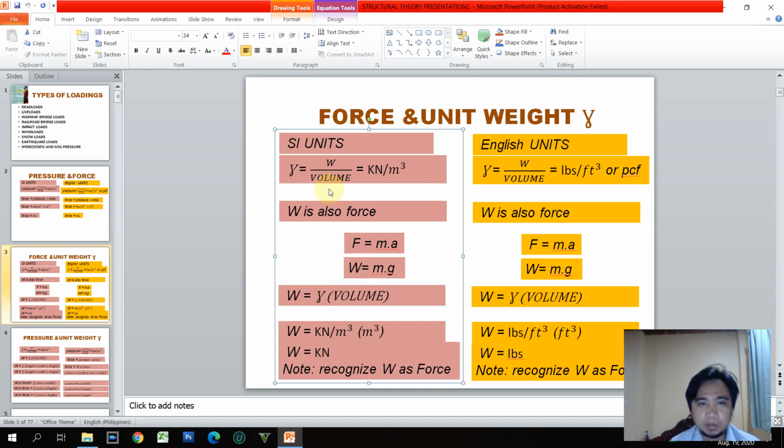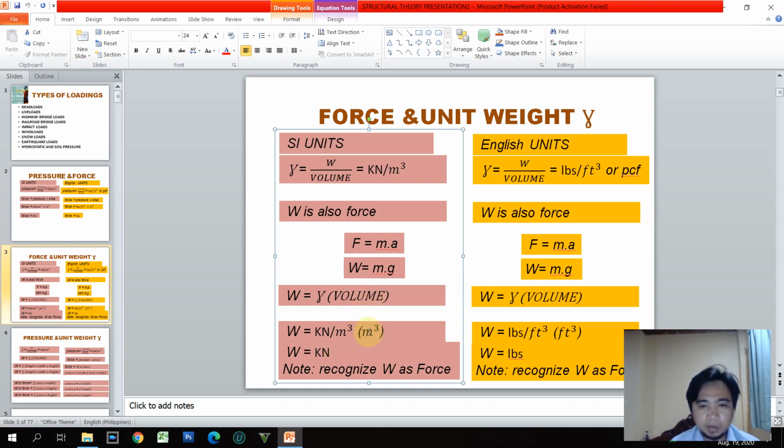Now if you are going to cross multiply, you come up with the weight is just equal to gamma times volume. So relating to the unit itself, again we wanted to eliminate cubic meter here, multiply it by cubic meter, then it is in consonance with the equation involving gamma and weight.